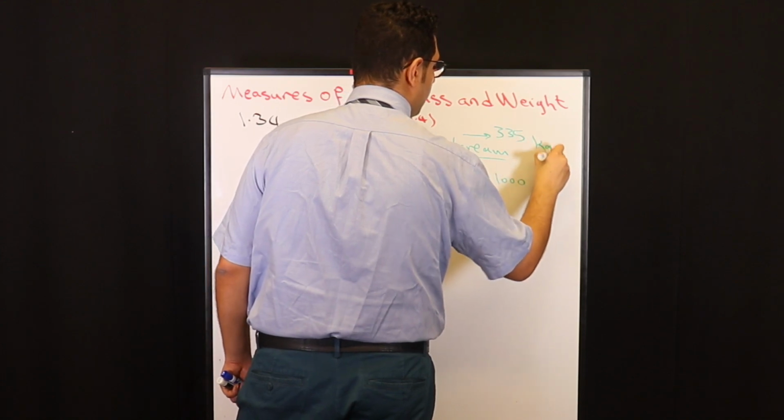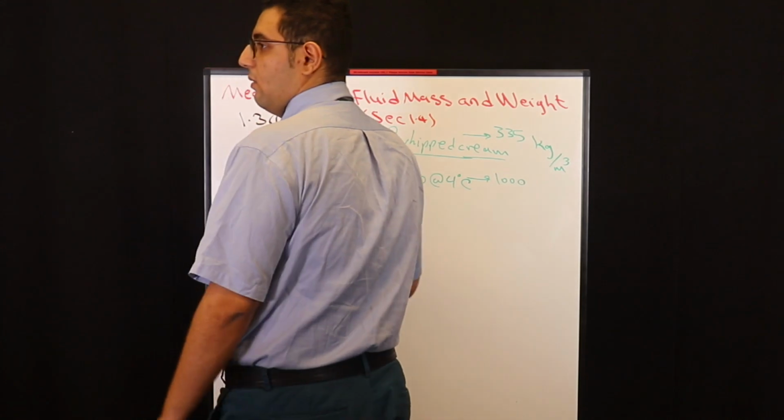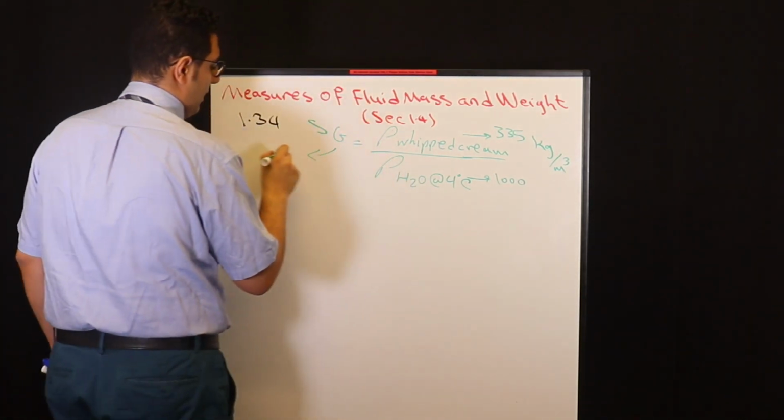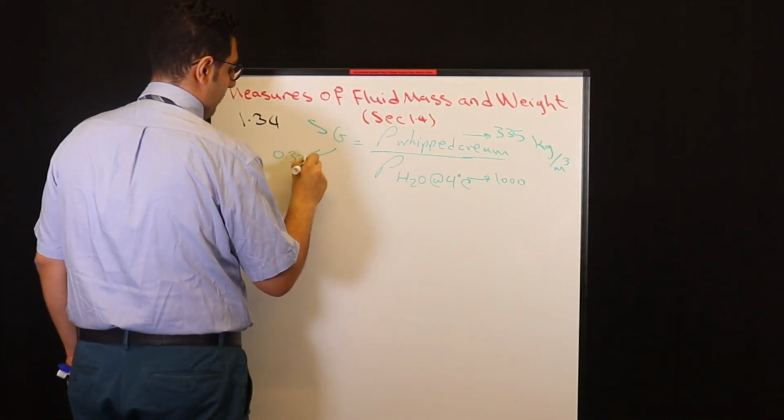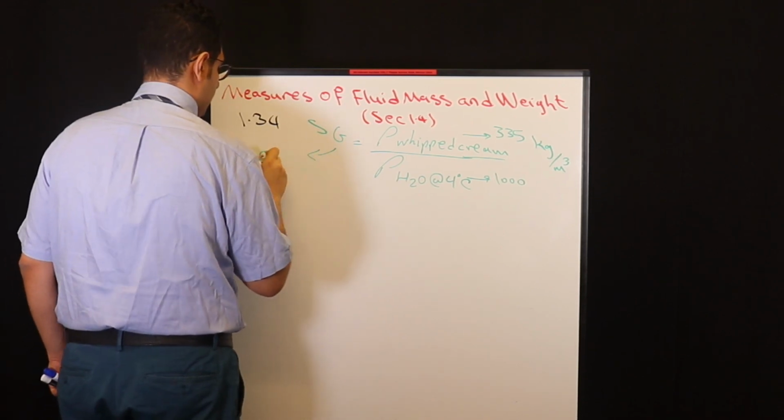Both of them are in unit of kilogram per cubic meter. So for SG we have 0.335, which is a constant.